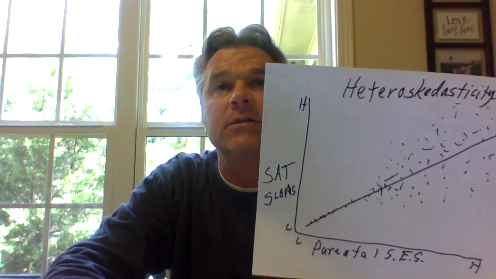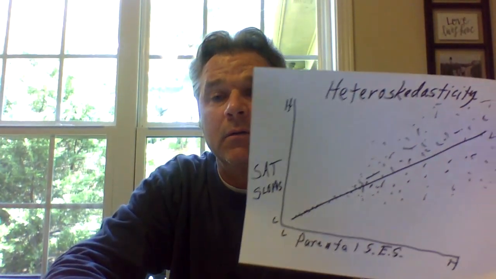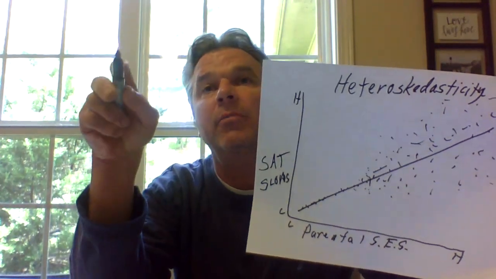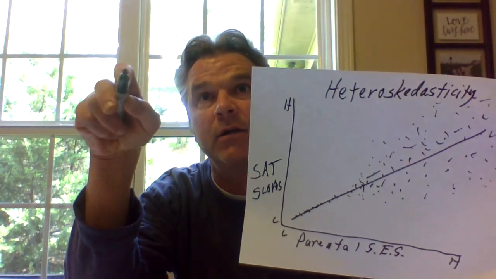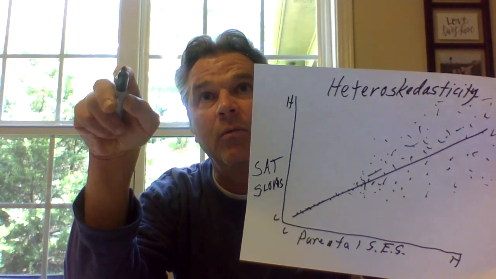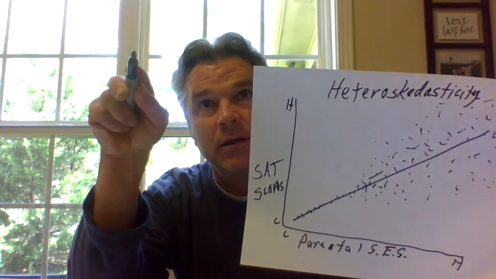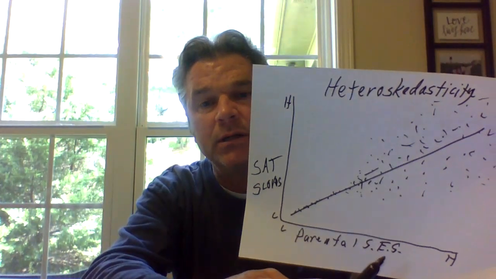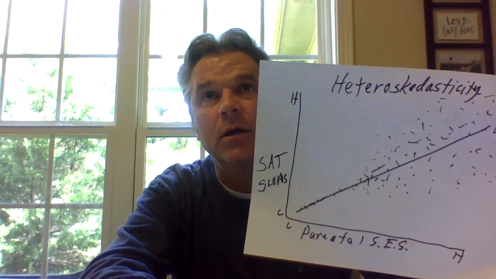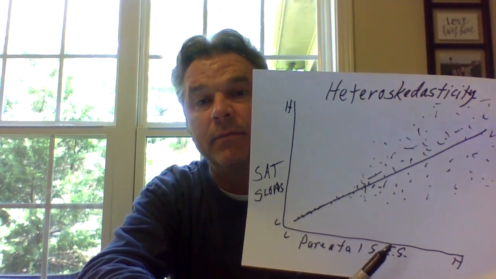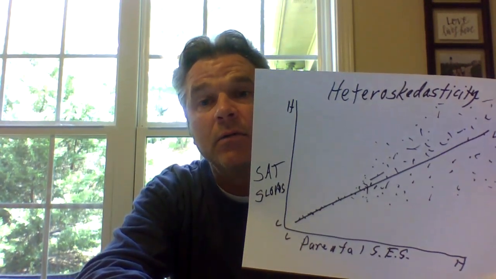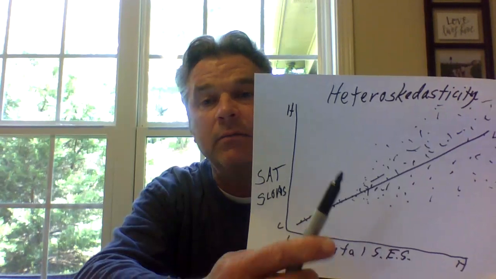So that's the problem. Right? And so you need to go back to the theoretical drawing board in ways and figure out what you're missing. Because you're predicting low SES households and their SAT scores really well. What's going on in high parental?